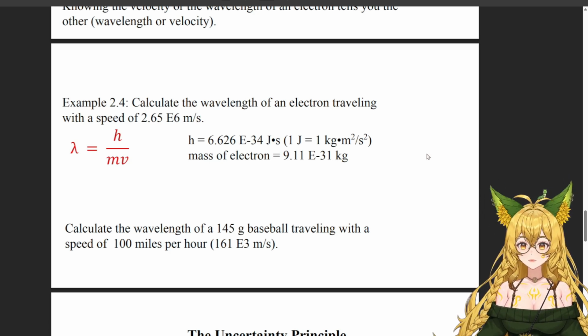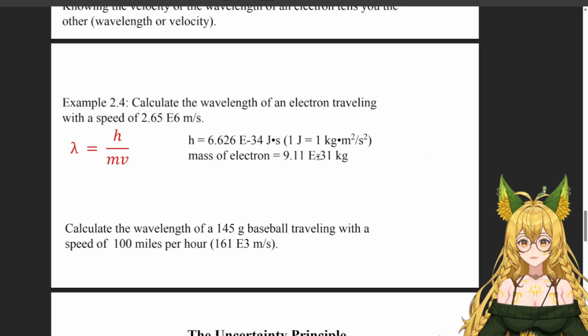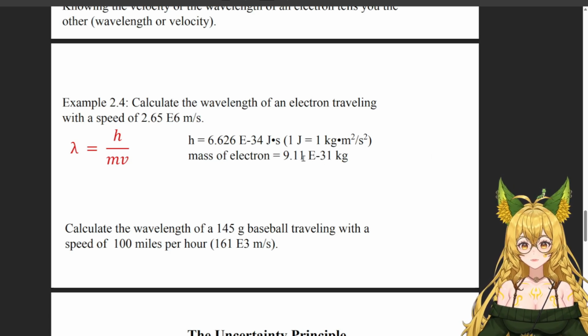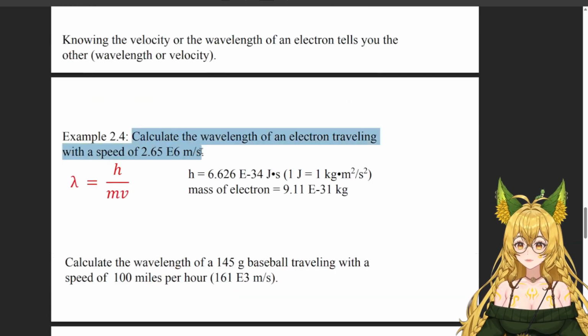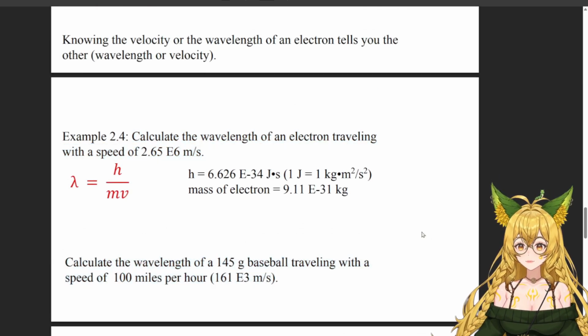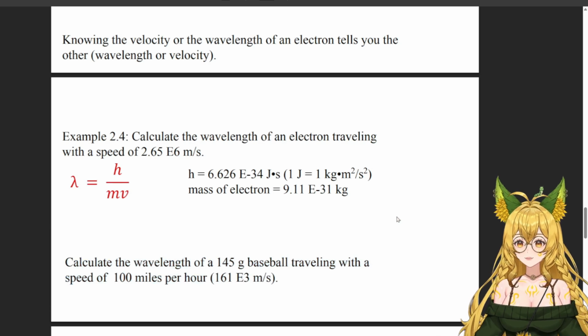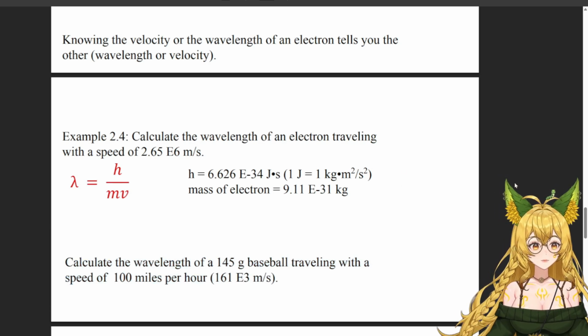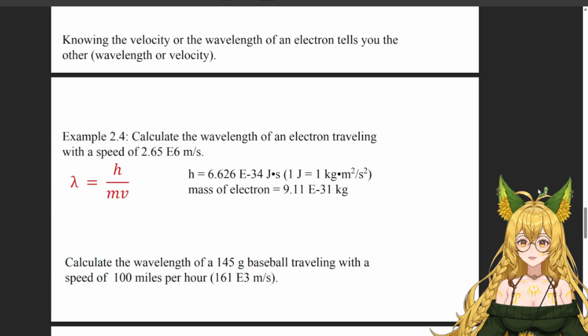And then the mass of an electron is 9.11 times 10 to the negative 31 kilograms. Given these two, go ahead and try to calculate out what you get. And if you think you got it right, you can go ahead and leave a comment, and we'll see.